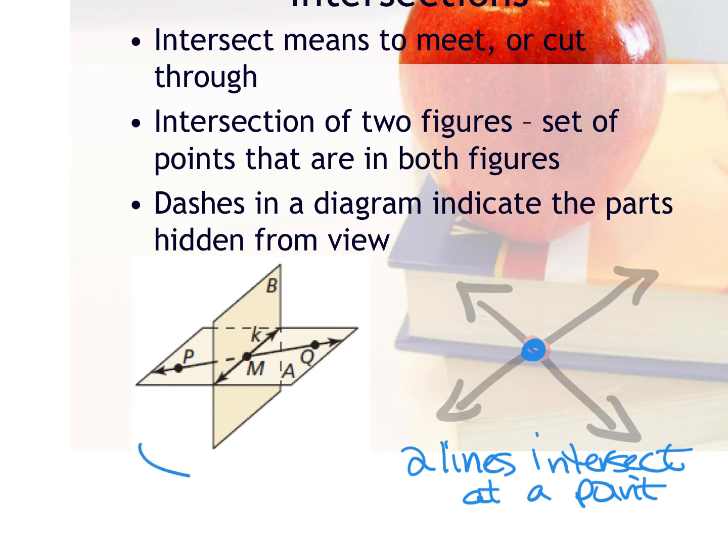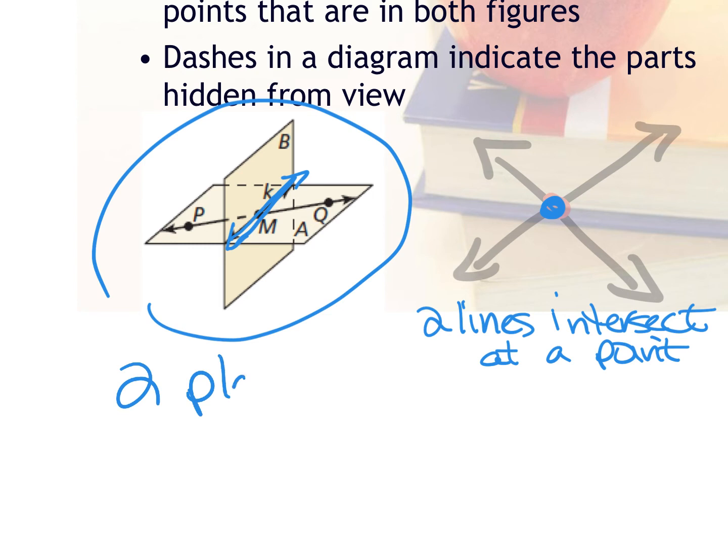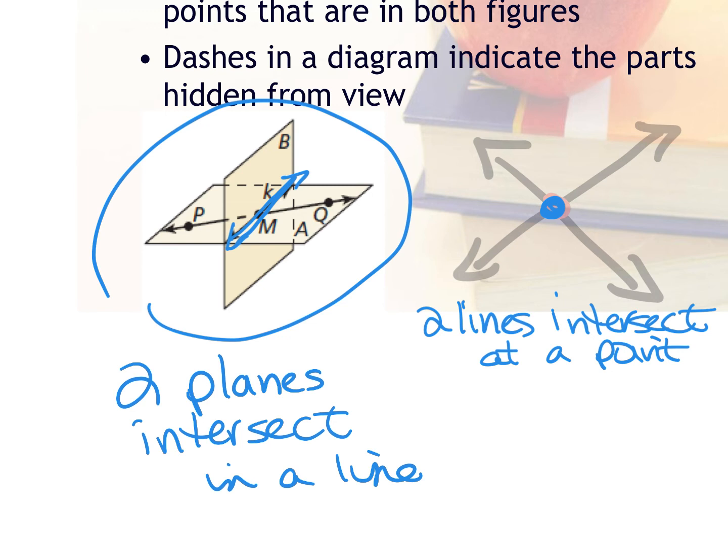In this figure here, this is an example of two planes, and their intersection is this line, K, where they're both meeting. So two planes, their intersection is always a line. Because planes go forever, their intersection will never be a line segment, it's always a line. Because lines go forever, and so do planes.